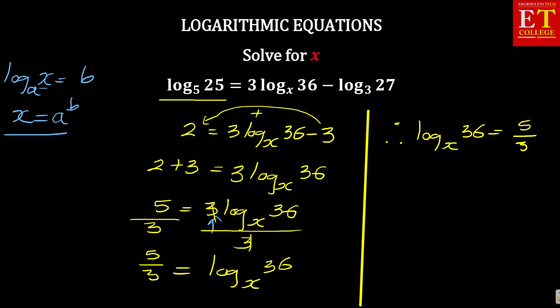Now using this law that we mentioned here, the x here, you can see, is 36. So I'll write 36 is equal to the a here, the base, it was base a, in this case it is base x. So I'll have x to the power 5 over 3. So that's how I have got that.